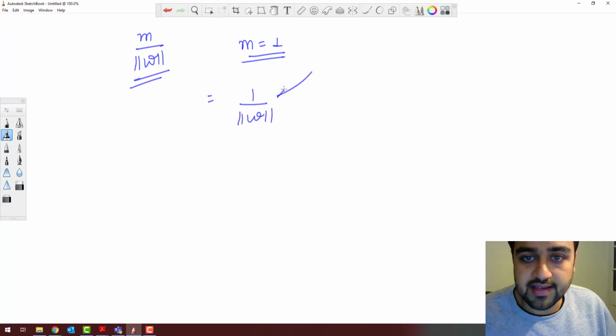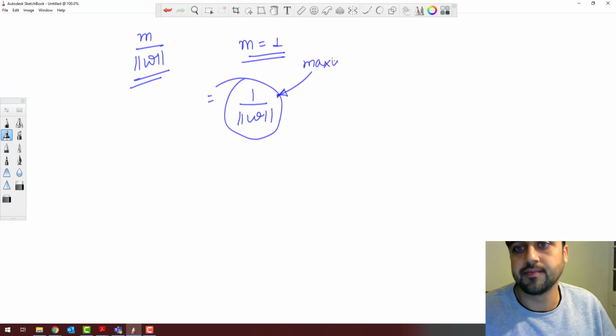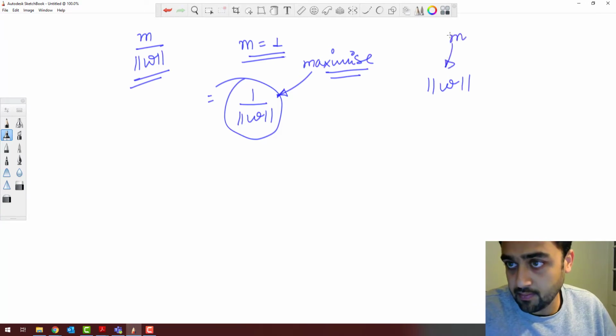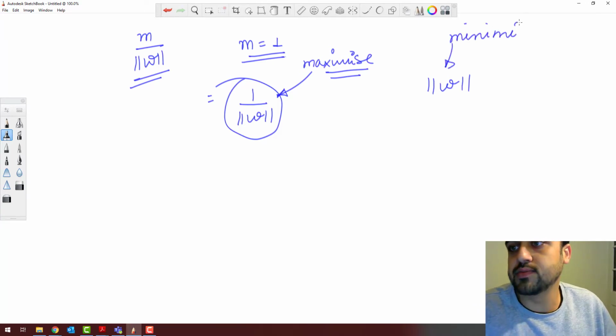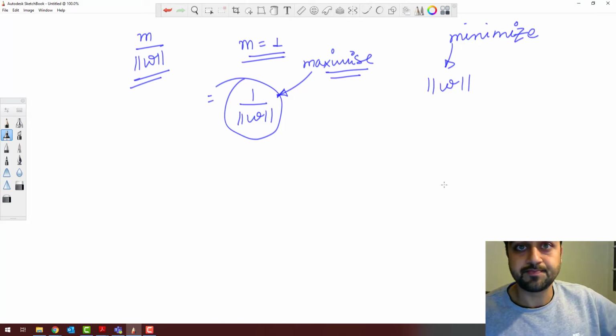If we want to maximize this function, we would need to minimize mod w, because the smaller the mod w is, the bigger the value of 1 by mod w is.